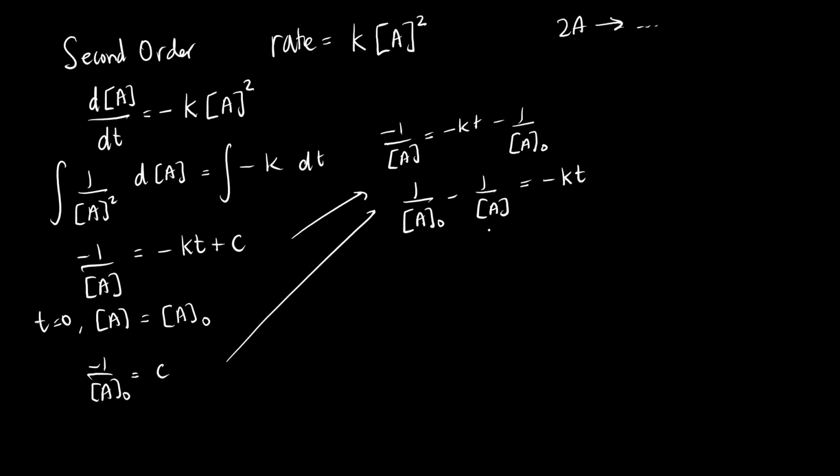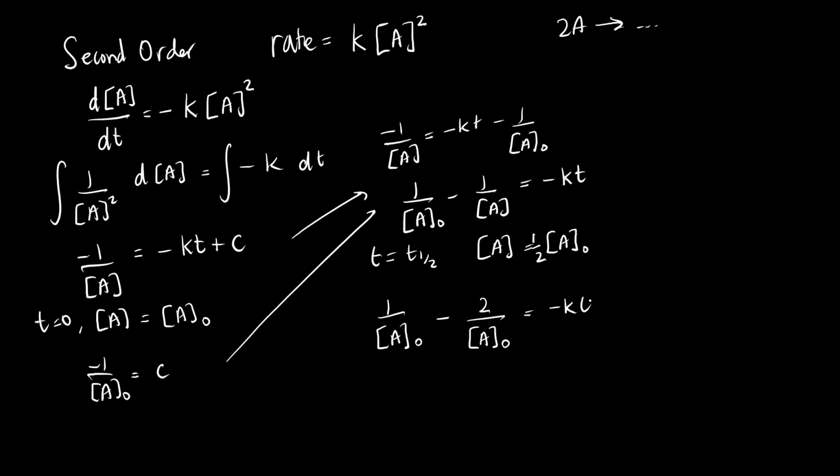Let's take that. Right, so we can then also think about when t is t a half, we would have A is equal to half A0. Let's put that into our equation. So I've got 1 over A0 minus, I'd have 1 over half A0, which is the same as 2 over A0, is equal to minus kt. Some of you might be able to show that bit, so let me just show that.